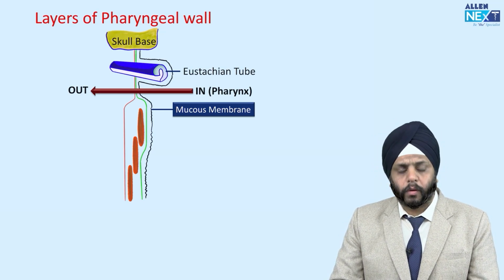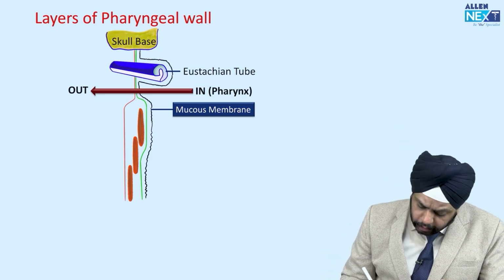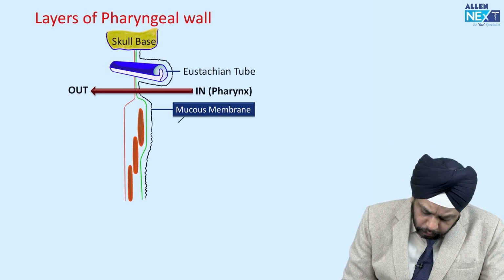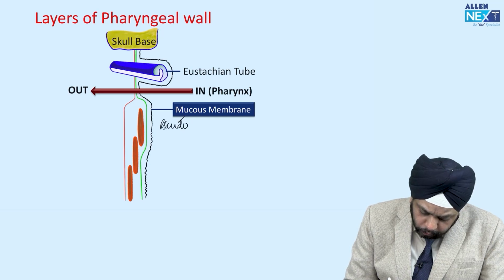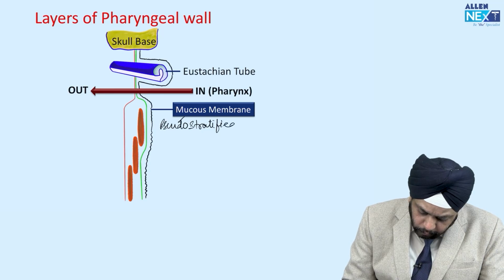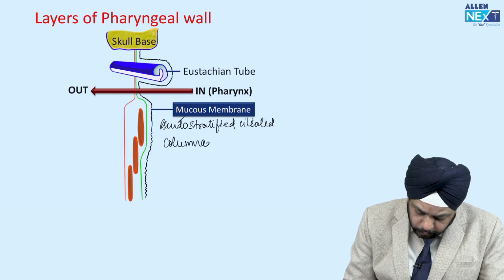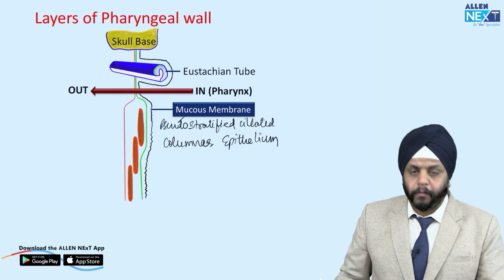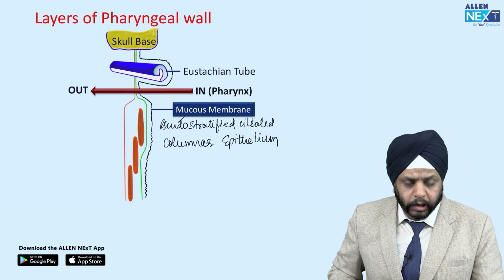Now you'll ask, sir, what is this mucosa? So you see, this mucosa is pseudo-stratified ciliated columnar epithelium. Okay, right? So we know that this is the pathway of respiration.